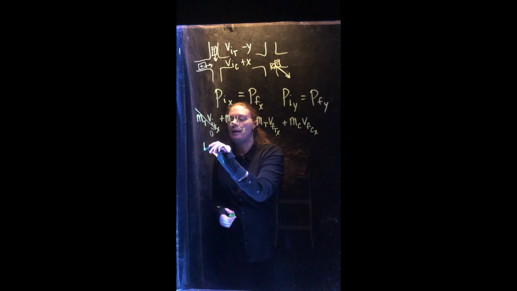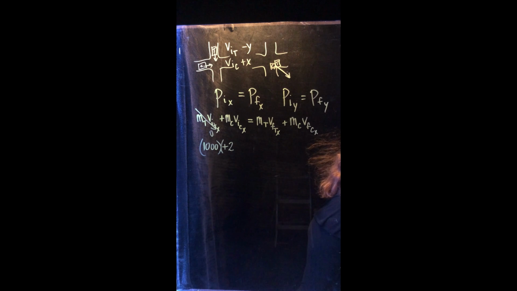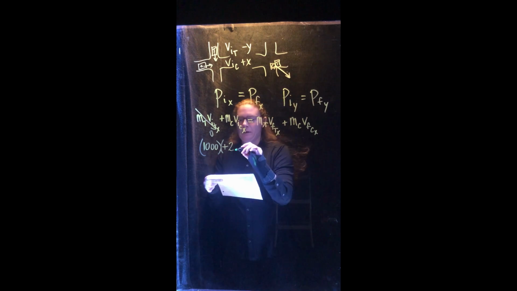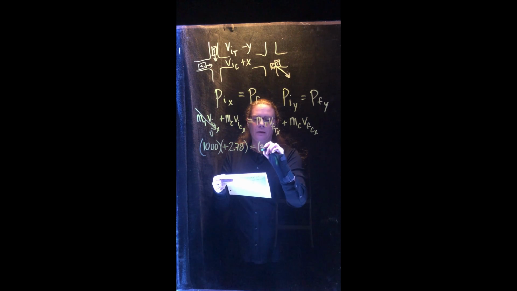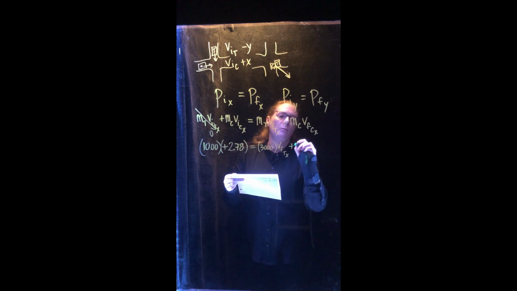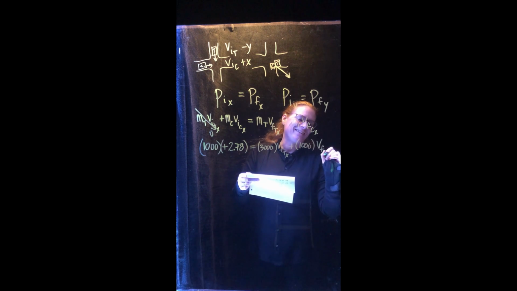Mass of the car, that was 1,000, times the initial velocity, which is now a positive value, and that was 2.78. I don't remember, is that 2.78? Yes, it was 2.78. Okay, 2.78 equals mass of the truck, 3,000, V final truck in the x direction, plus mass of the car, V final car x direction.